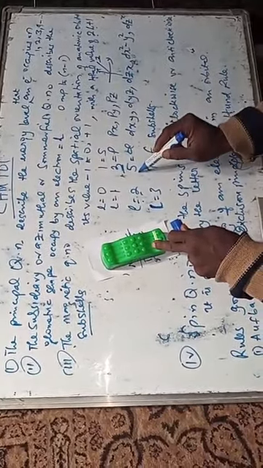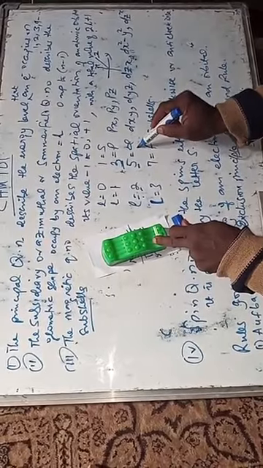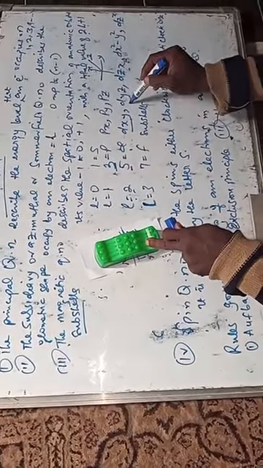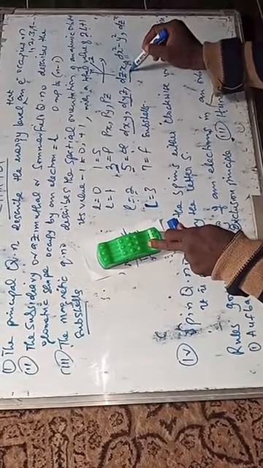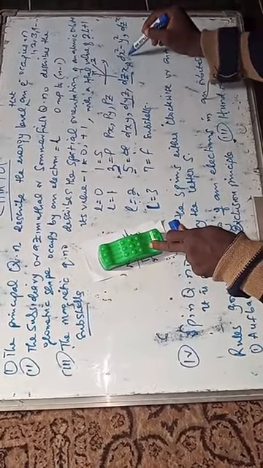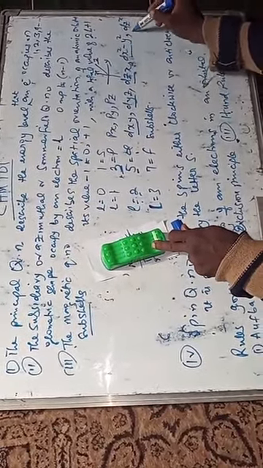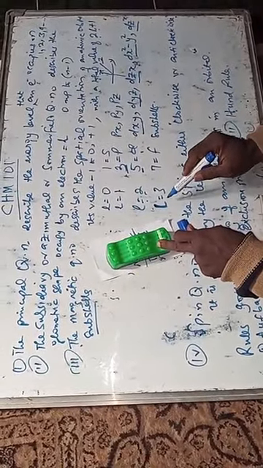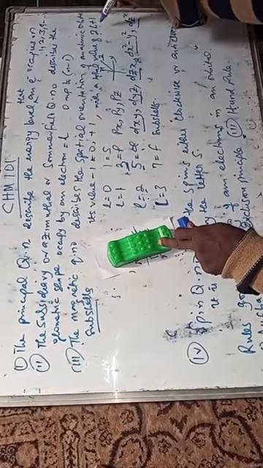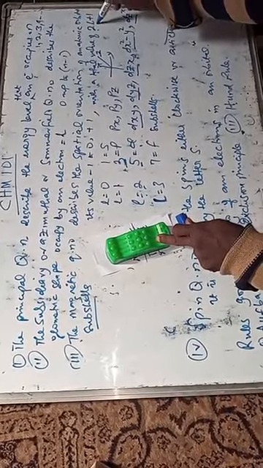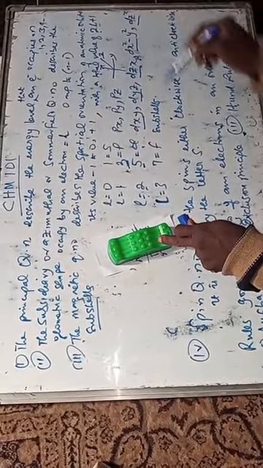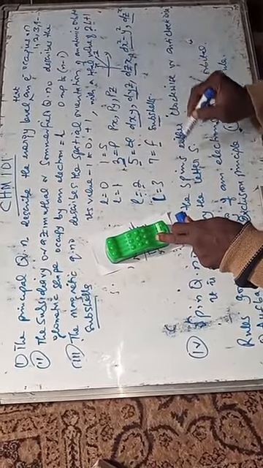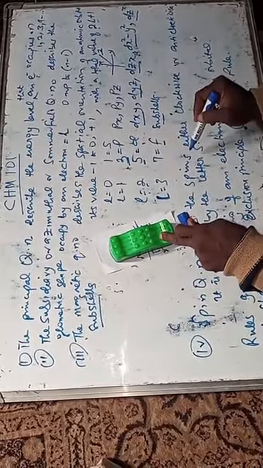It is represented by d, which are dxy, dyz, dxz, dx square minus y square, and dz square. When l is equal to 3, it will be 2 times 3 plus 1, which is 7. This gives us the f subshell.